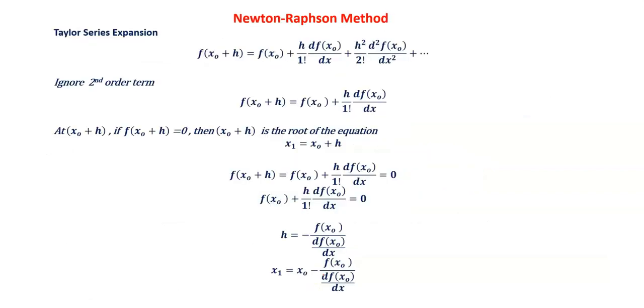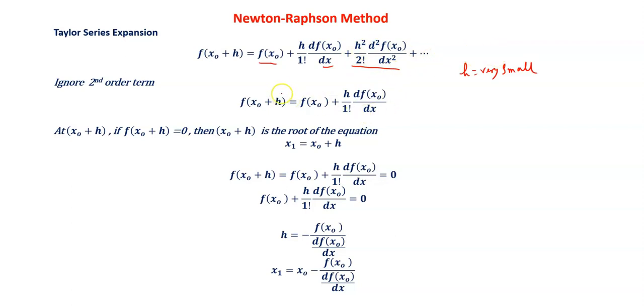Okay. Now I'm talking about Newton-Raphson method. So if you know the Taylor series expansion, f of x0 plus h is nothing but f of x0 plus h by factorial 1 df of x0 by dx, plus h square by factorial 2 d square f of x0 by dx square. Now if you ignore the second order term, why? If h is very small, then this term we can neglect, means this term will be small and the rest of the terms will be very small.